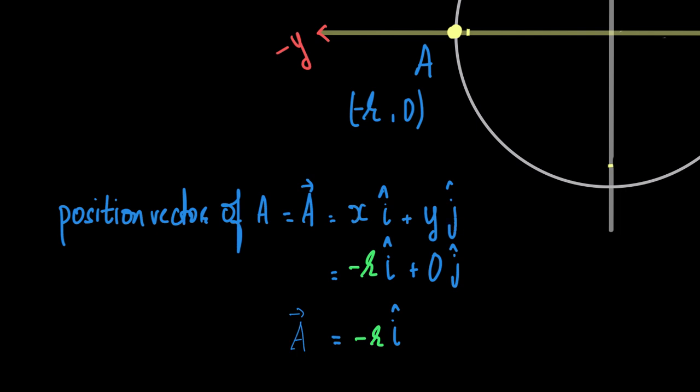What is the x coordinate? It is minus r. So this is minus ri plus, what is the y coordinate? Since A is a point on, oh, my bad, this is not negative y, this is negative x. Since A is a point on x-axis, the y coordinate is 0, which gives us y is equal to 0. And therefore, vector A is minus ri.